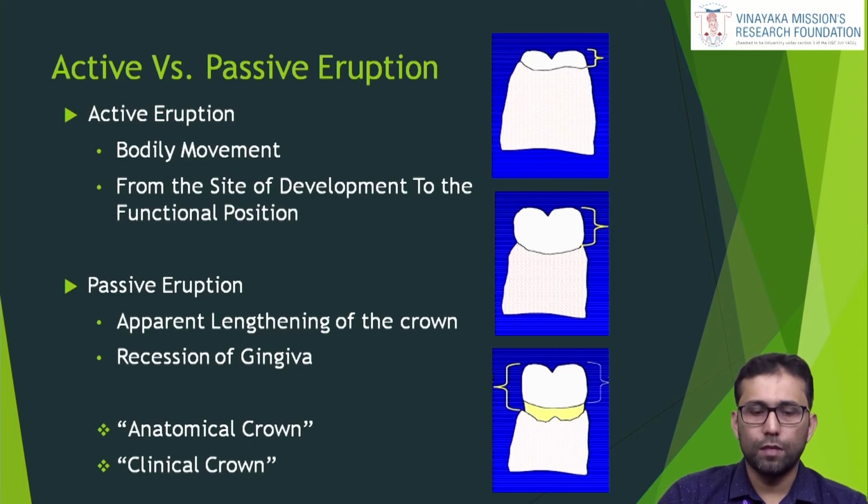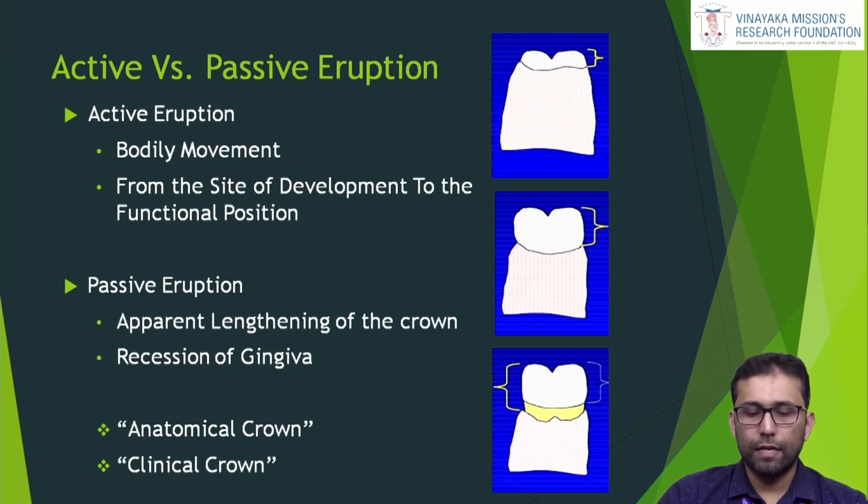That is active movement, the tooth is moving and the position is changing. Whereas passive eruption is apparent lengthening of the crown, which can be because of the recession of the gingiva or the recession of the bone. This results in an increase in the length of the crown, and it is called an apparent lengthening.